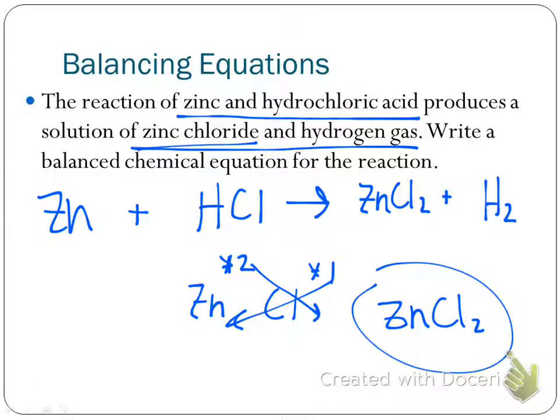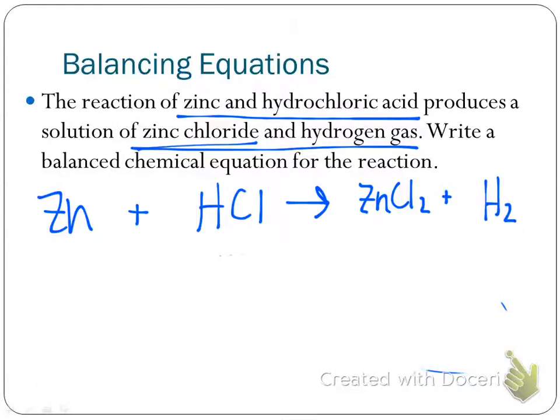So now we balance our whole equation. We have zinc, hydrogen, and chlorine, and we want to balance our whole chemical equation. How many zincs do I have on the left-hand side? 1 on the left.